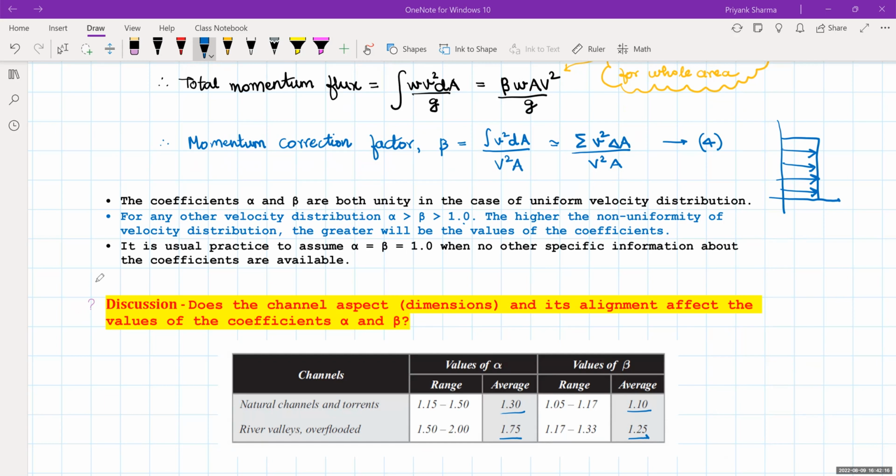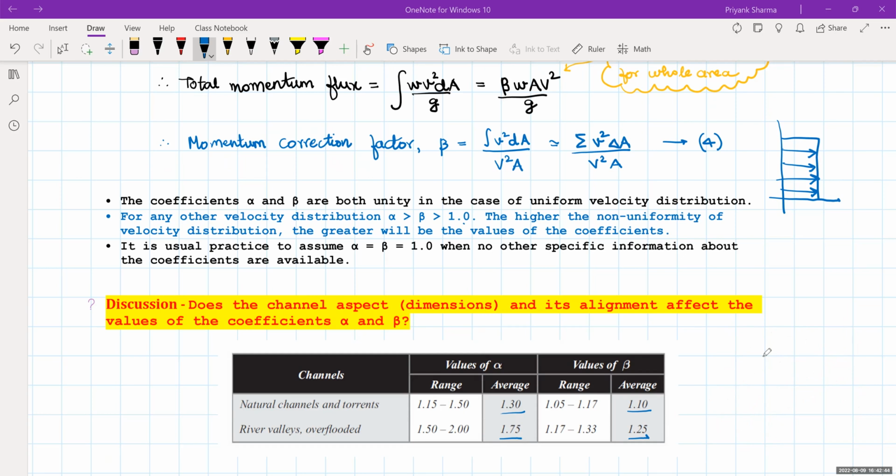So what does alignment mean? Let us say this is a straight alignment, and there could be a curved alignment, or there could be a severe bend alignment. Apart from the aspect, which you already know, would these factors also affect the coefficients? Just think about whether these two factors affect the velocity distribution or not.